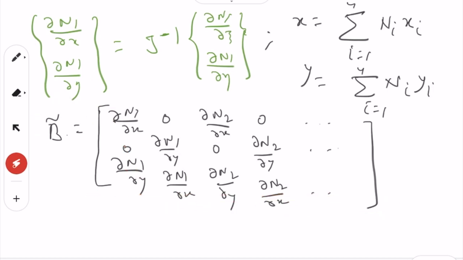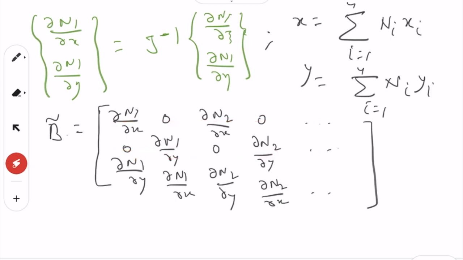Okay, so this is a little bit complicated because earlier it was quite easy: in the B matrix we just had one row with del n1 over del x, del n2 over del x, and so on, and the second row with del n1 over del y, and so on.